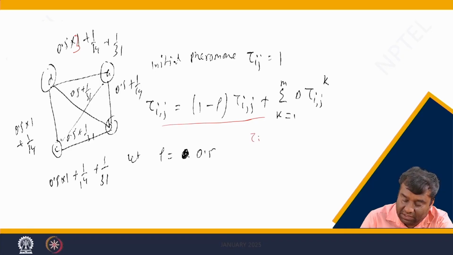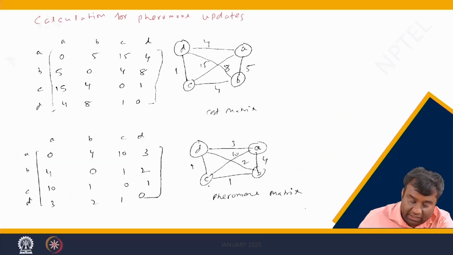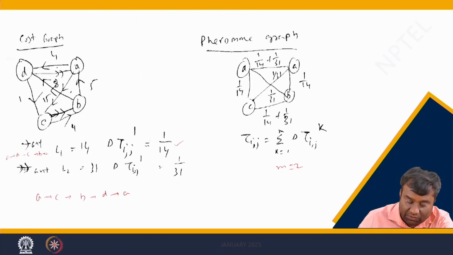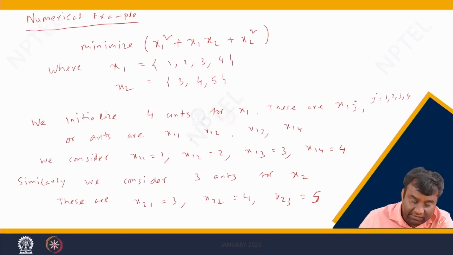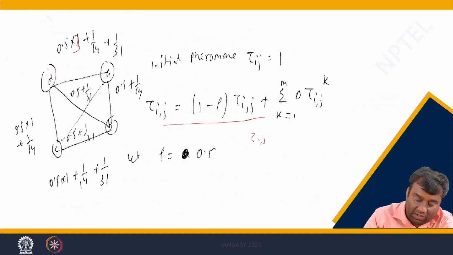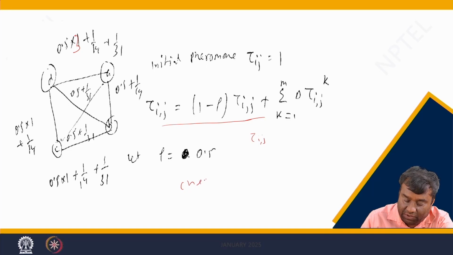If you go back here, you will see the initial pheromone is 1, so here also it will be 1, here also 1, and here also 1. In this way you try to calculate the pheromones. So just check with the pheromone.